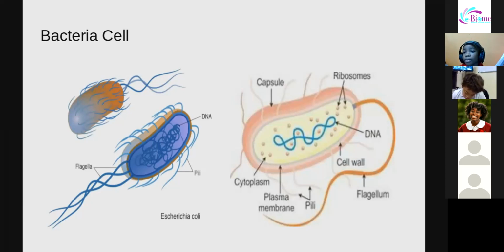It controls how the cell interacts with its surroundings. So it controls what the cell does. However, bacterial cells only have a single strand of DNA, which is their genetic material. In a human cell, the DNA will be found in the nucleus.